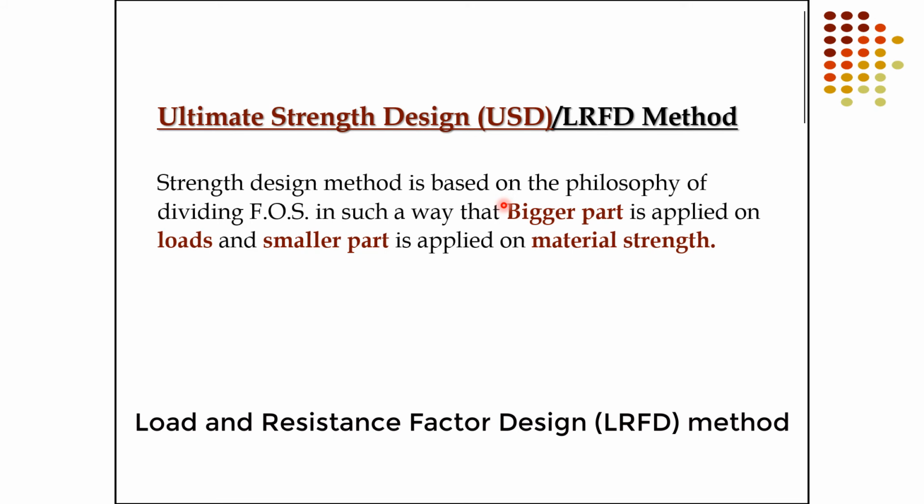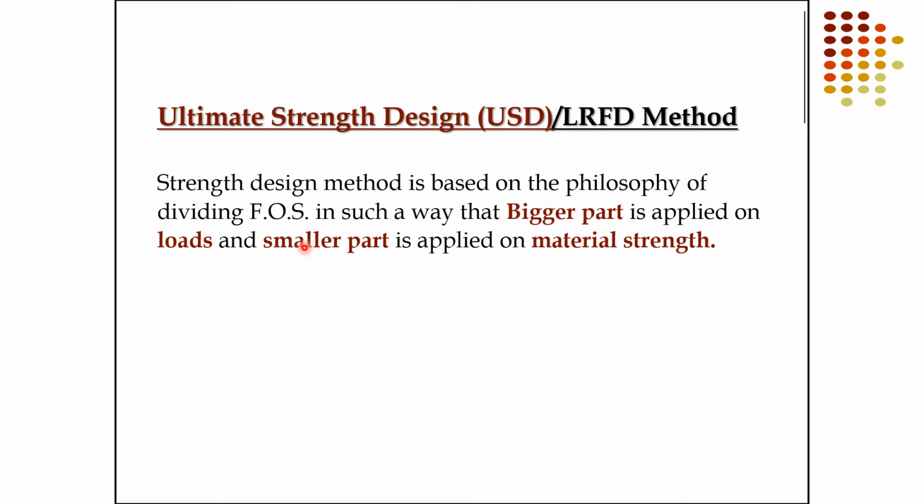In this strength design method, the philosophy is that we use the factor of safety in such a way that the bigger part of the factor of safety is applied on loads and the smaller factor of safety is applied on the material. Here we use two factors of safety, one for applied loads and one for materials. The bigger part is applied on the loads and the lesser part on the material. That is the technique of the ultimate strength design approach.